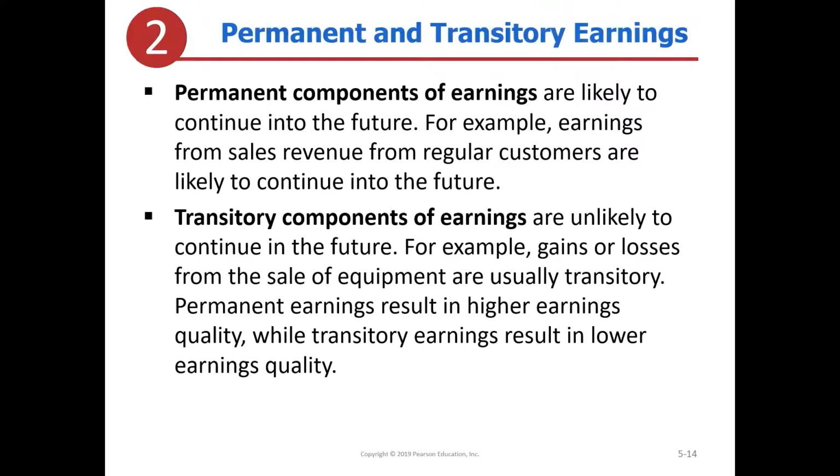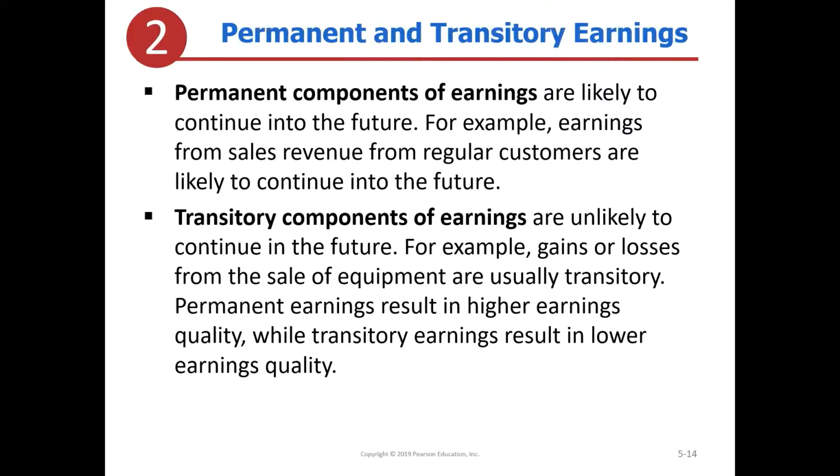Transitory components of earnings are unlikely to continue in the future. For example, gains or losses from the sale of equipment are usually transitory. Permanent earnings result in higher earnings quality, while transitory earnings result in lower earnings quality.